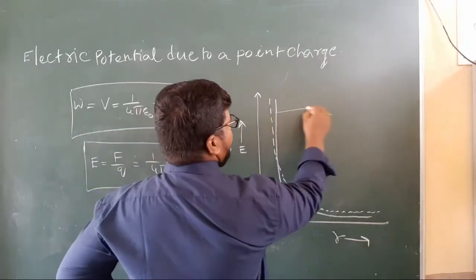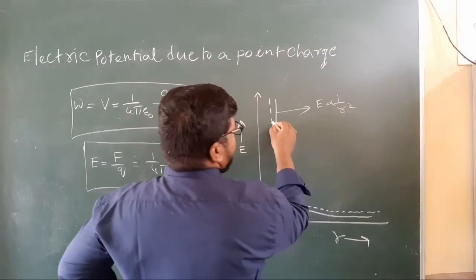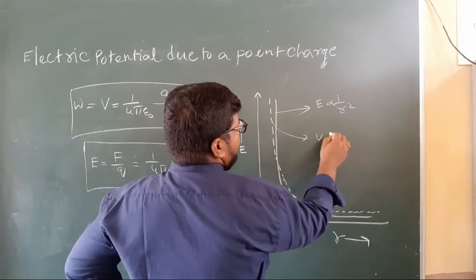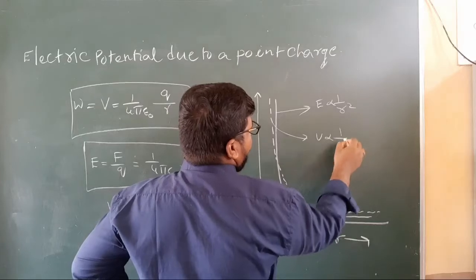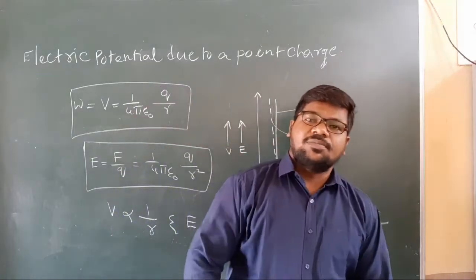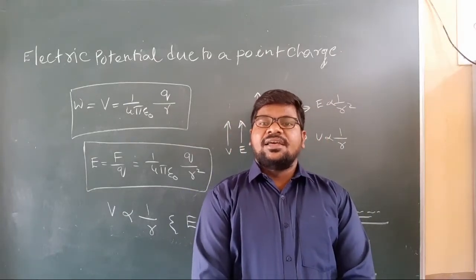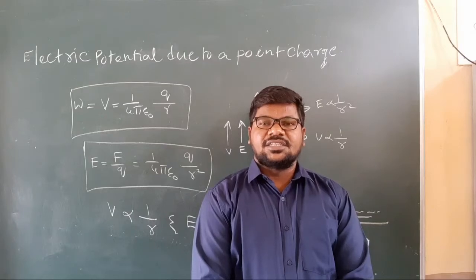See here, E is inversely proportional to r square. The dotted line represents V inversely proportional to r. So this is about the graph between electric potential and electric field intensity.